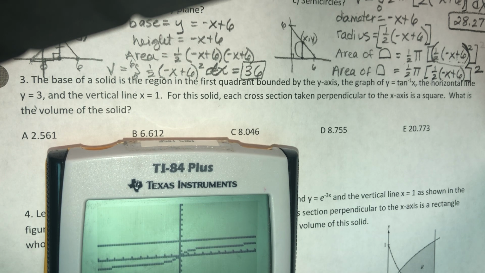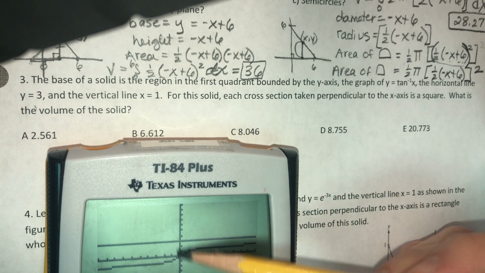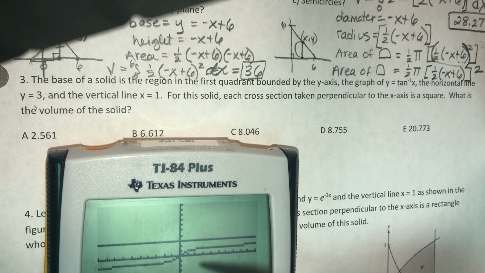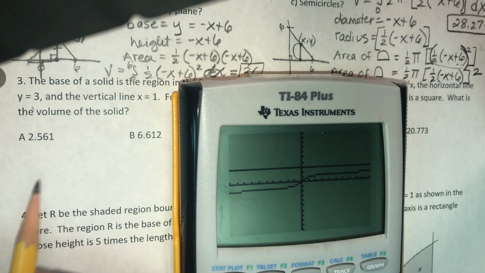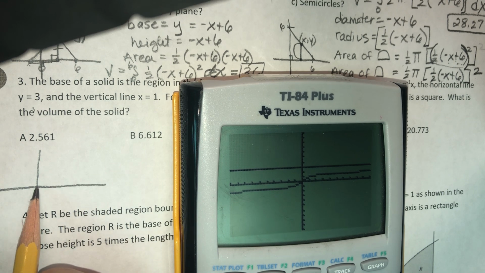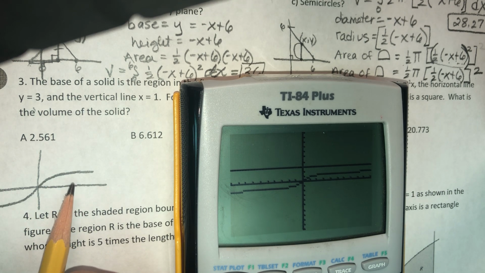So we want the region bounded by the y-axis, so this up and down, the inverse tangent, the line y equals 3, and the vertical line x equals 1. And x equals 1, that's going to make it really small. So I'm going to try to sketch this over here. X and y axis. Here's my little inverse tangent curve.